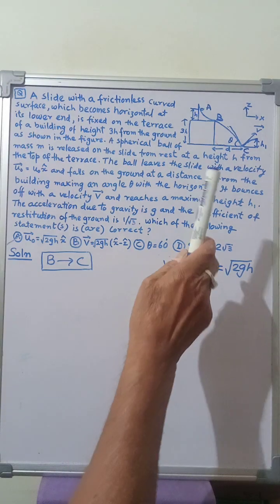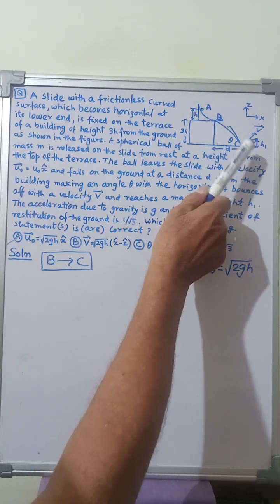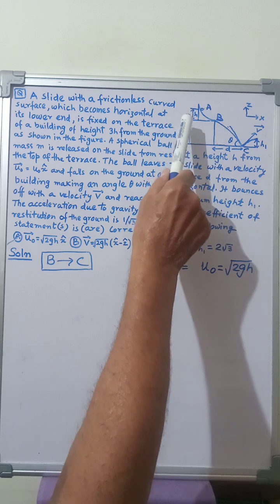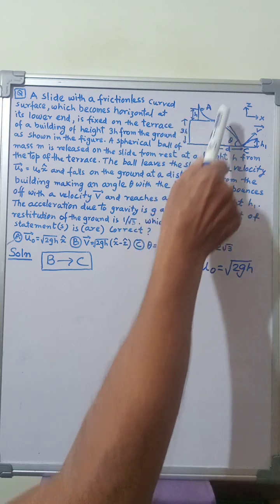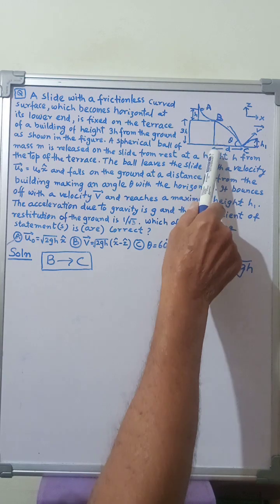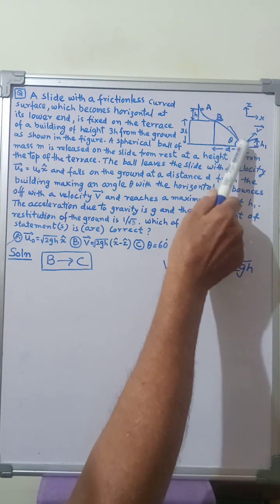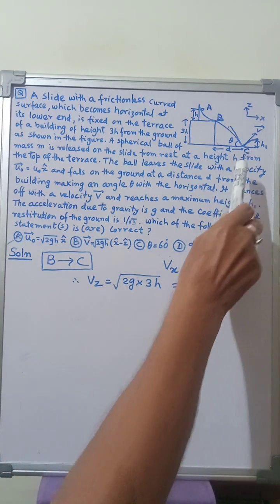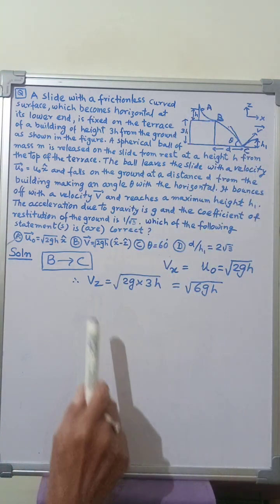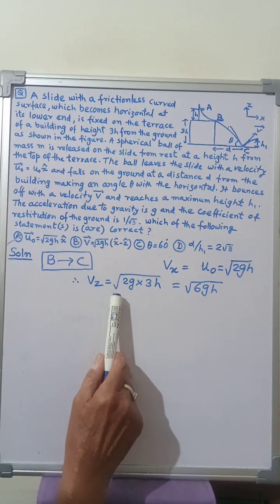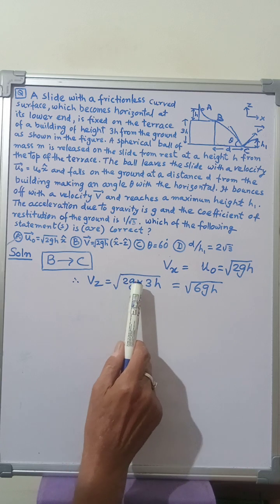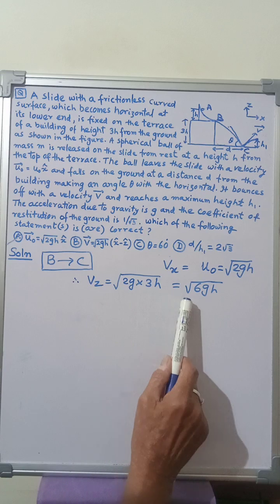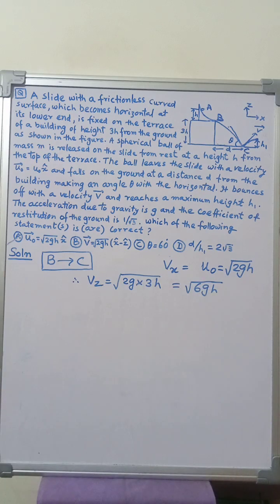Now the vertical displacement from B to C is 3h, that is, it comes down by 3h as it moves from B to C. Therefore vertically downward velocity at C is given by Vz = root over 2 into g into the fall in height, that is 3h, which equals root over 6gh.